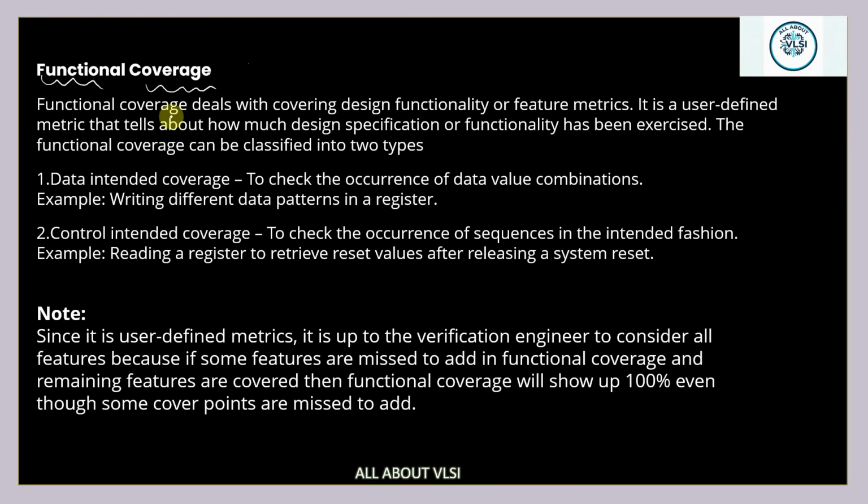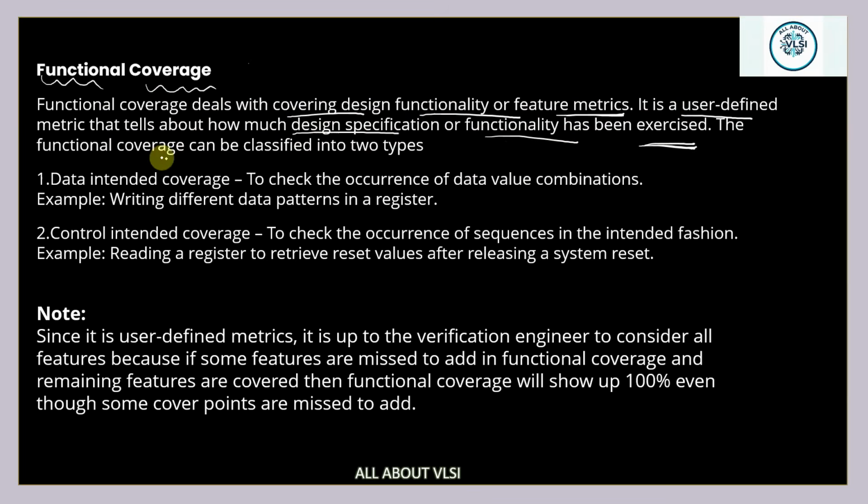It deals with covering design functionality or feature metrics, whether you are checking all the features. This is also a user defined metric that tells how much design specification or functionality has been exercised, up to which extent we are testing our design.